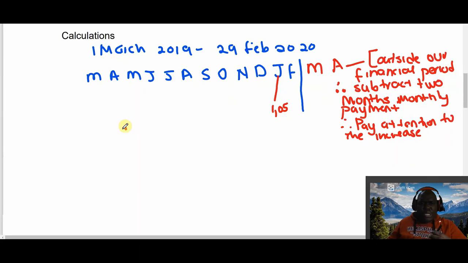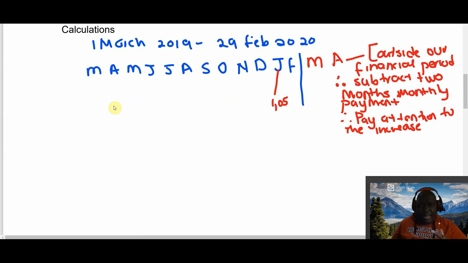Okay, so I'm going to calculate the months from here. It's 1, 2, 3, 4, 5, 6, 7, 8, 9, 10. Remember, rent is increasing here on the 1st of January, so meaning that we're going to have 10x, and then we say plus.